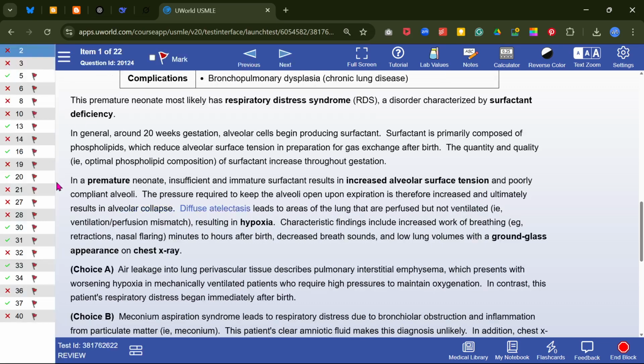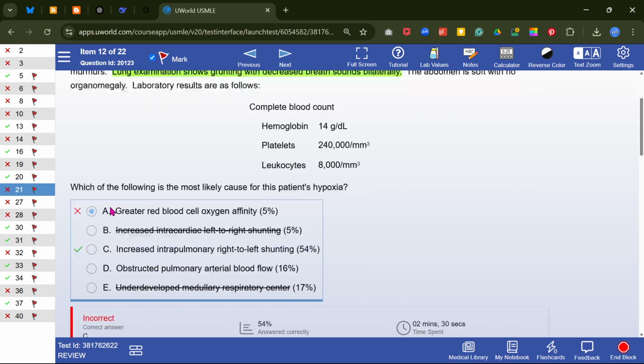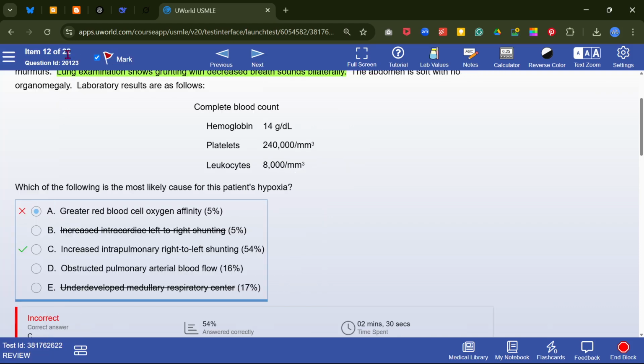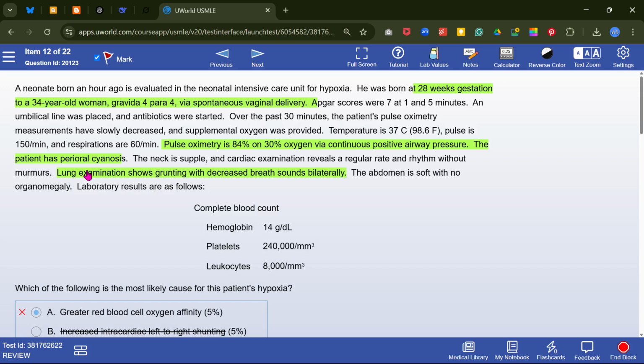Now look at this question. A neonate at 28 weeks of gestation, so premature, born to a 34-year-old woman, gravida 4, para 4, by spontaneous vaginal delivery.